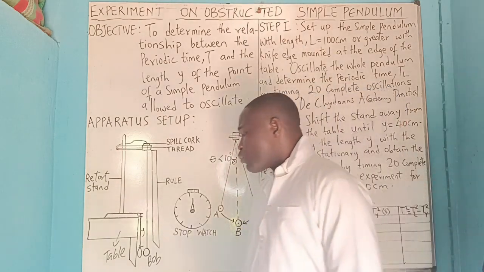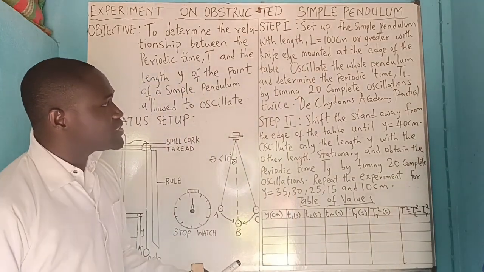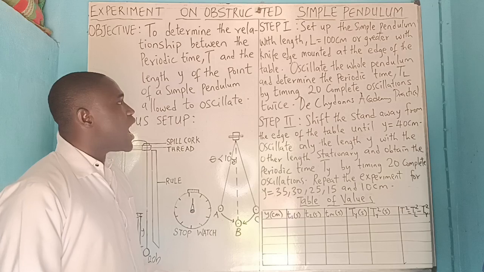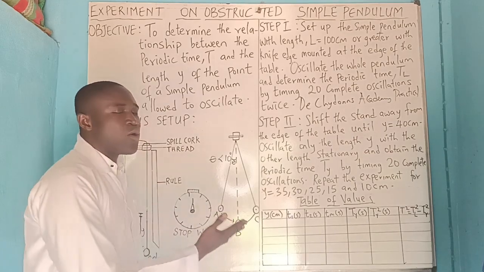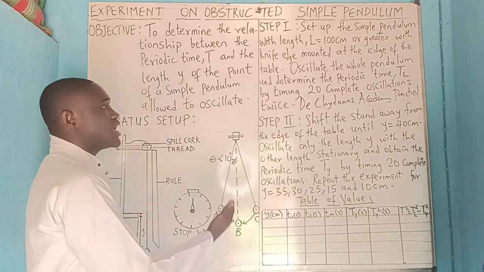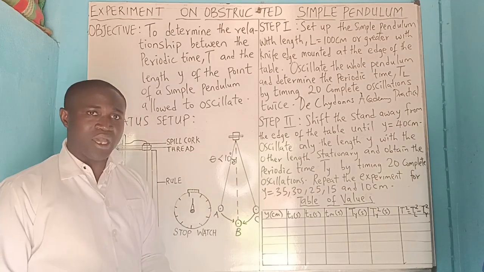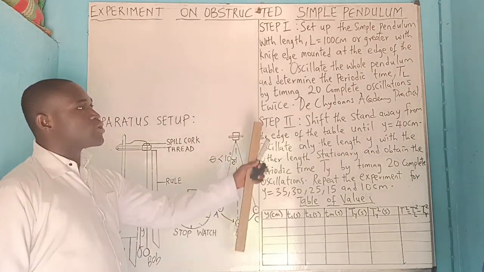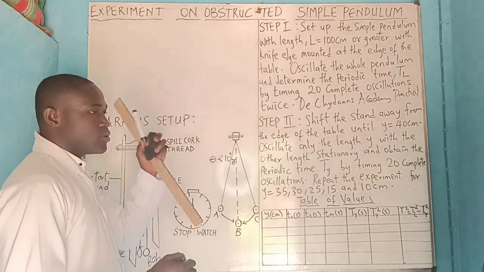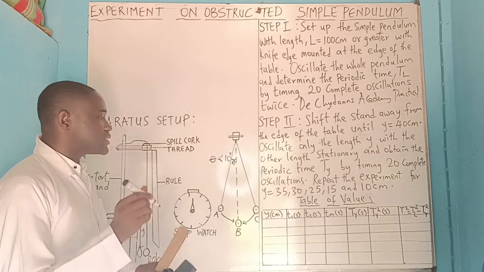Now, the essence of performing this experiment is to teach you how to run this experiment without touching apparatus. Yes, we want to see how to do it without touching apparatus. Now to be able to get your table of values, you just need your calculator. Yes, very important.